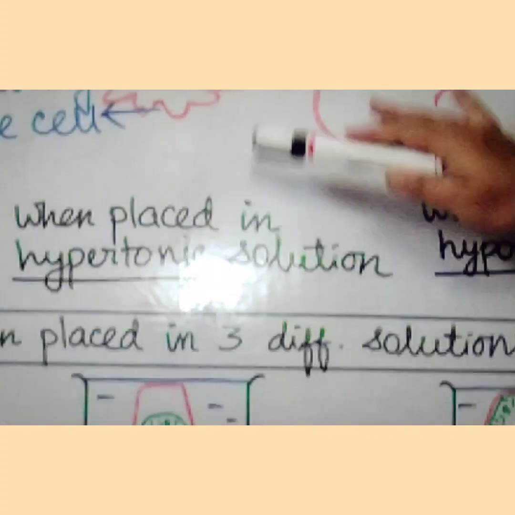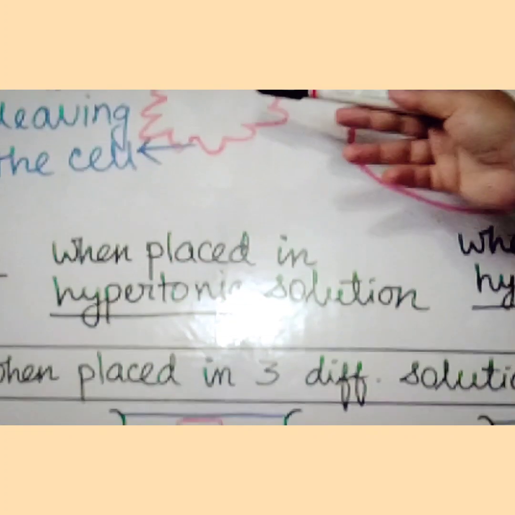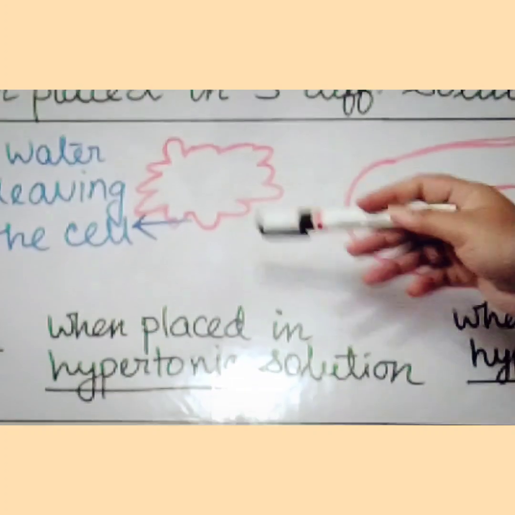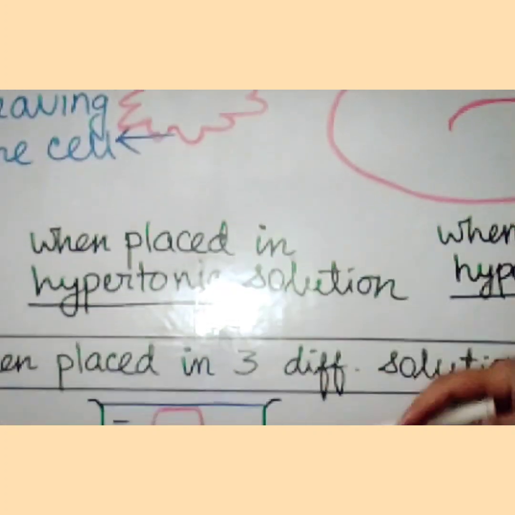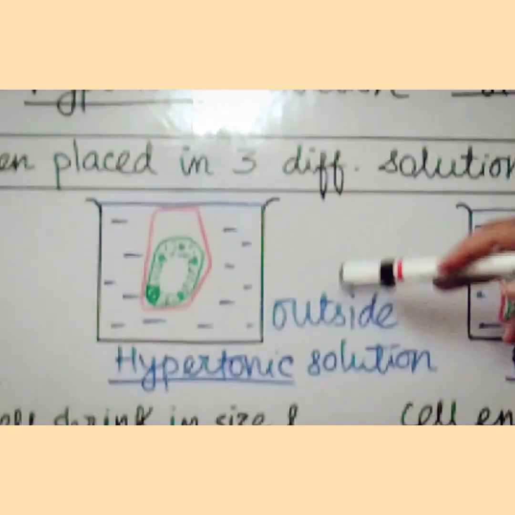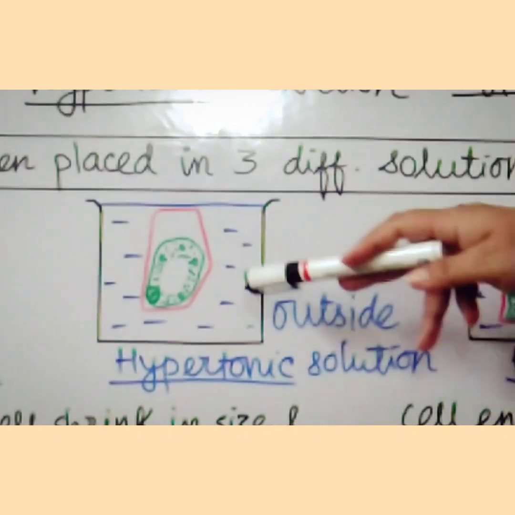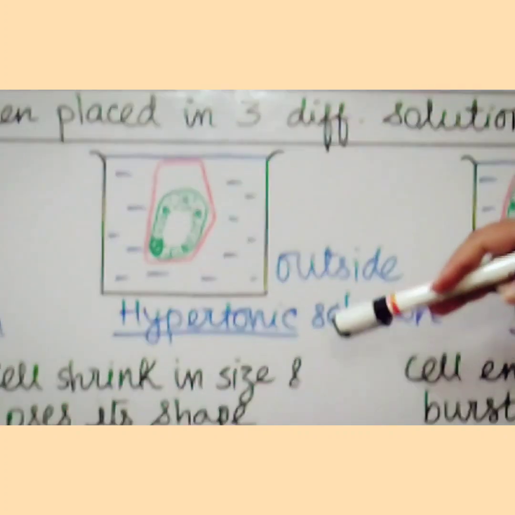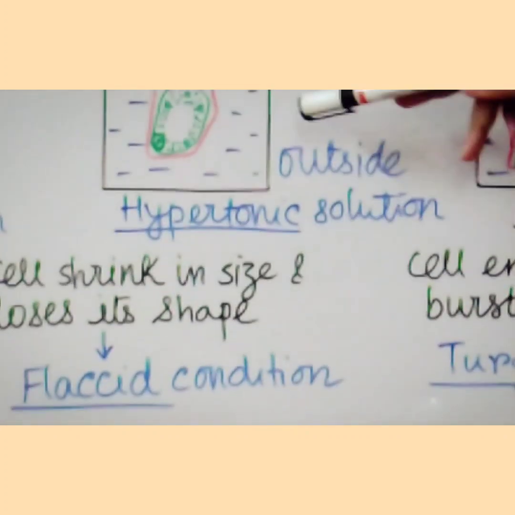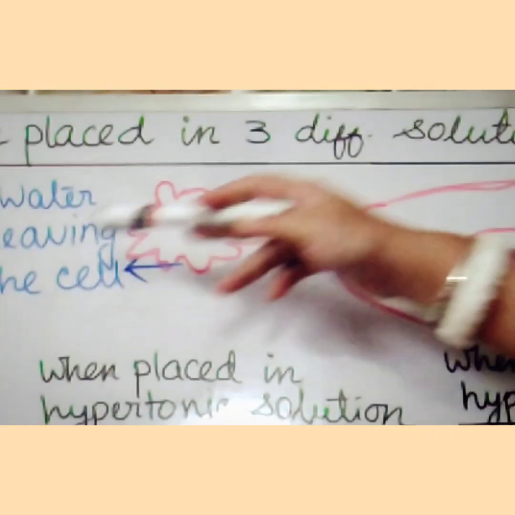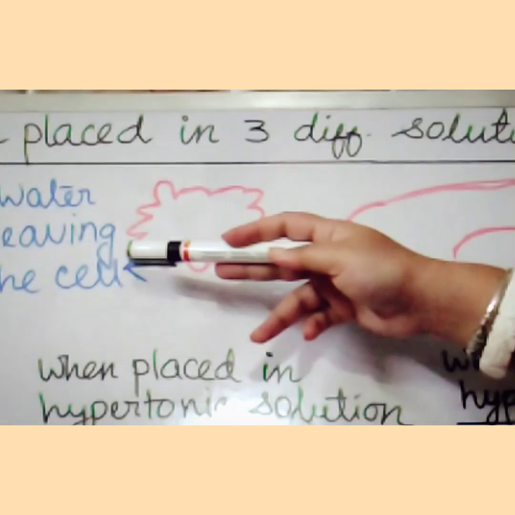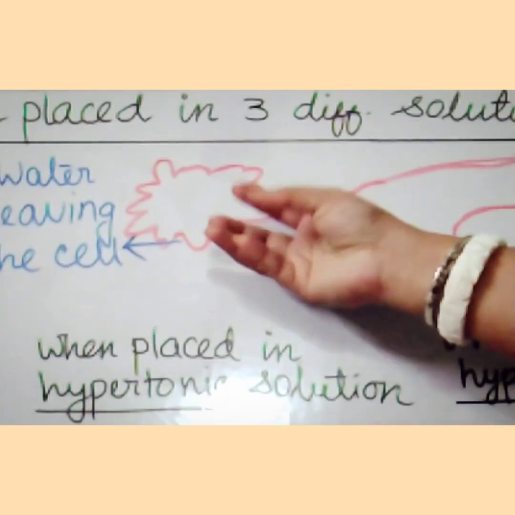Now come to this one. If you put an animal cell, RBC, into the hypertonic solution, meaning outside there is hypertonic solution, the solute concentration is more outside. So water will go out of the cell, water leaving the cell. So definitely the size of the cell will shrink.